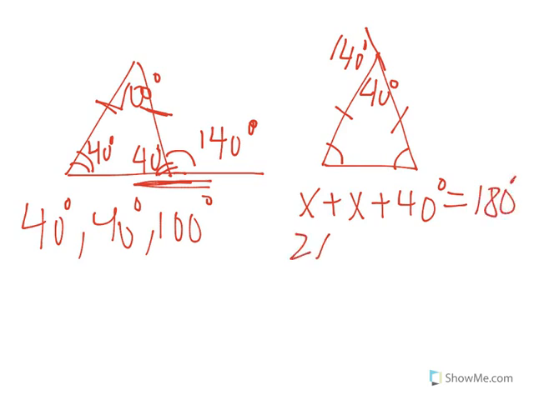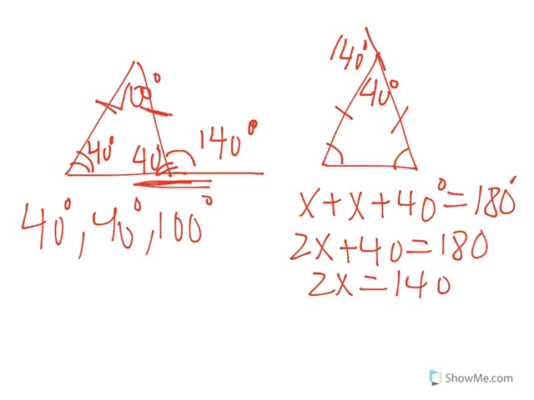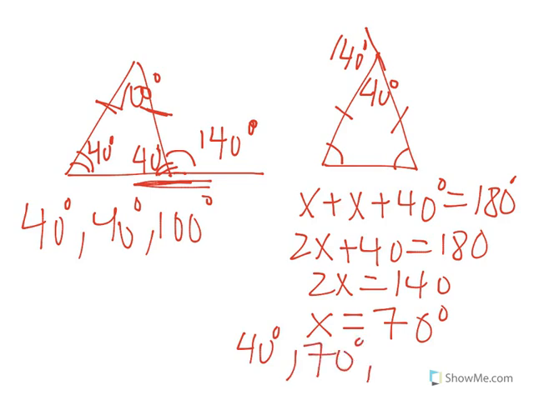So that means that 2x plus 40 equal to 180. So 2x equal to 140. So then x is equal to 70 degrees. Right? So then our other possible answer is 40 degrees, 70 degrees, and 70 degrees.